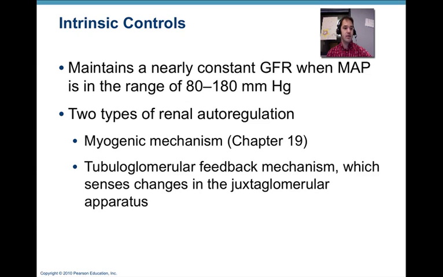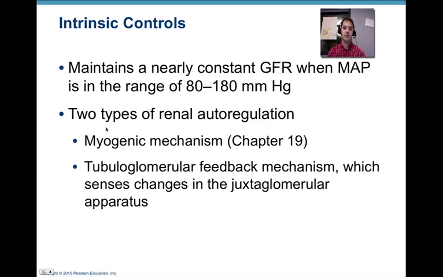So our intrinsic controls basically maintain a constant glomerular filtration rate when mean arterial pressure is in this range. They might not be able to maintain a constant glomerular filtration rate if blood pressure is really low from a massive hemorrhage or extremely high.